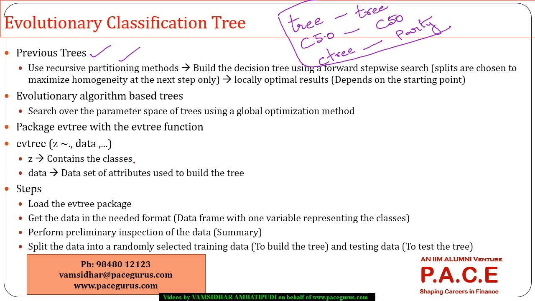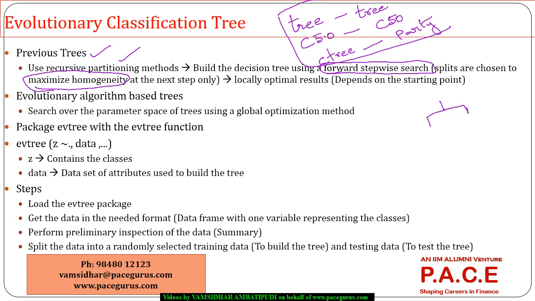That's the typical technique that is being used to partition the tree. So the tree is typically built using a forward stepwise search. And whatever splitting criteria is used, whether it is runs or score or strike rate, it is done with an objective of maximizing the homogeneity at the next step.